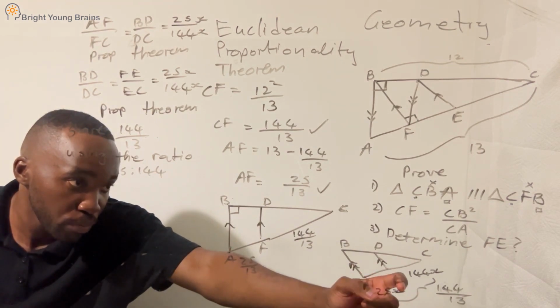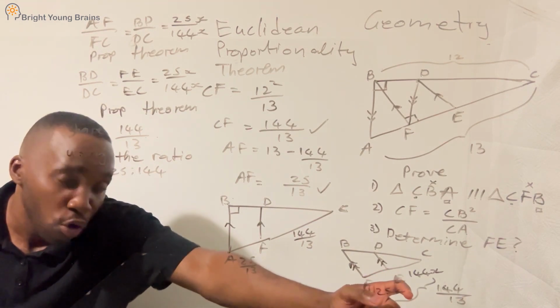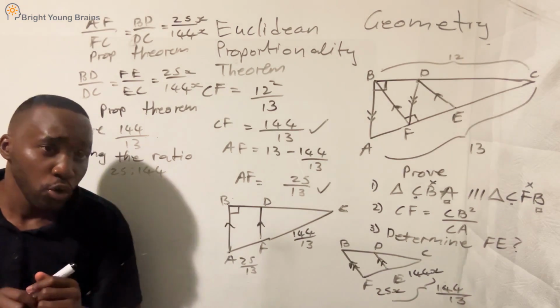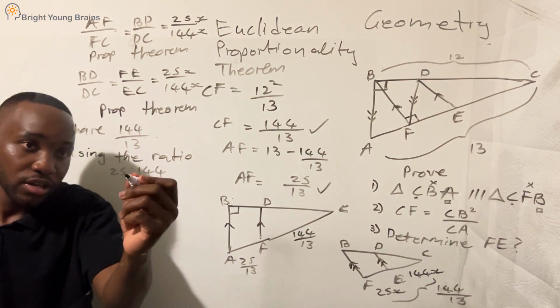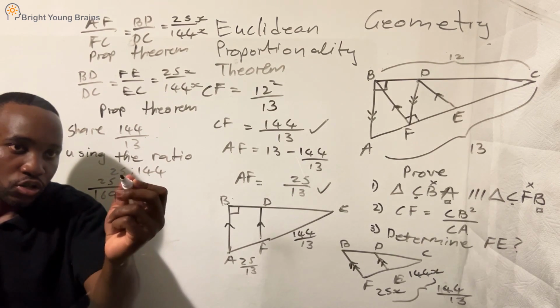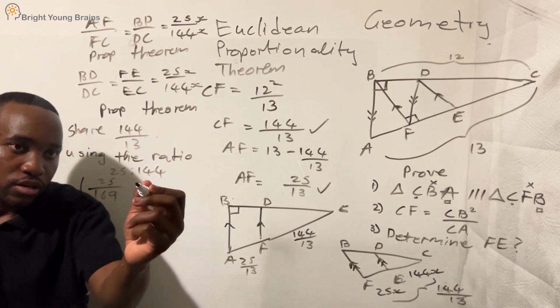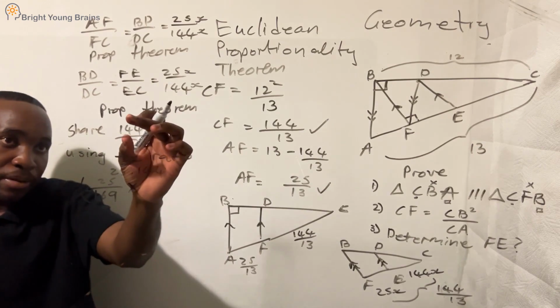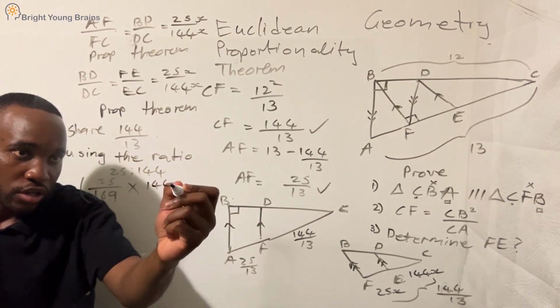The portion going to the 25, the small part, is found by adding up these two numbers. That gives you 169. Then you take 25 over 169 and multiply it by the value you're trying to share.